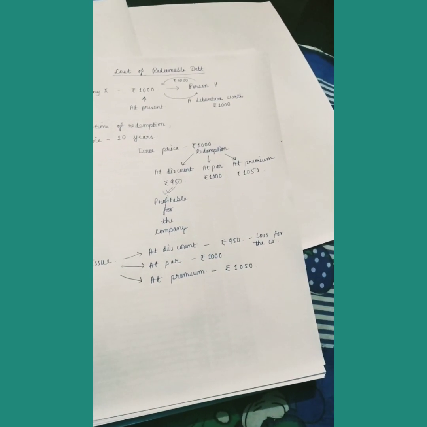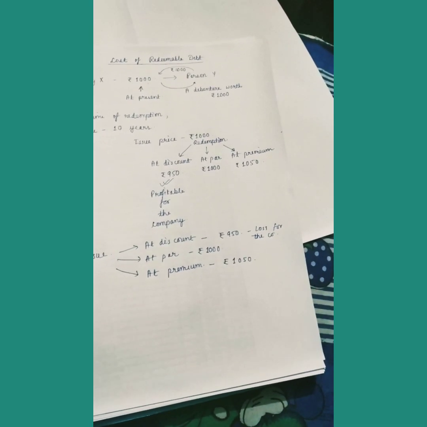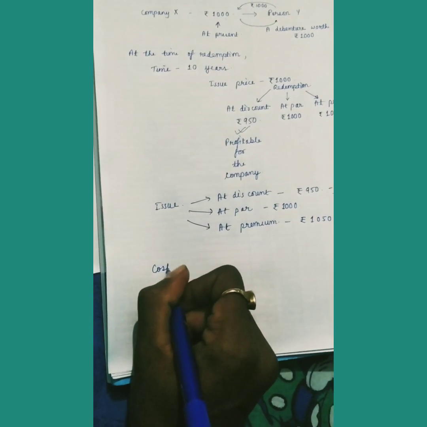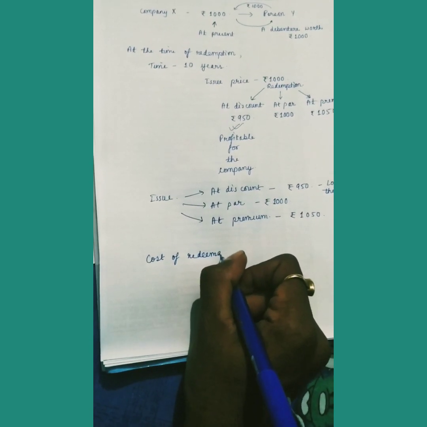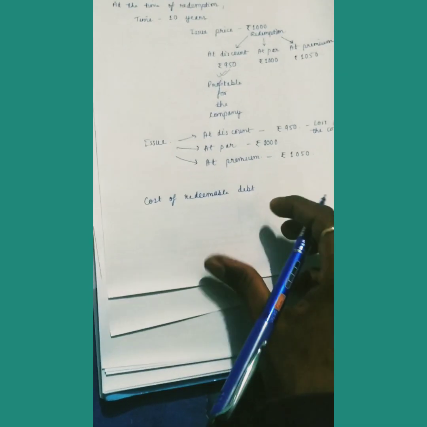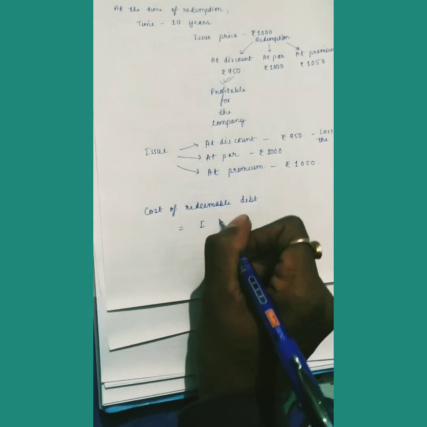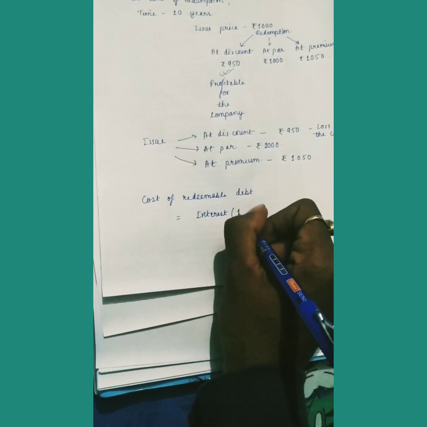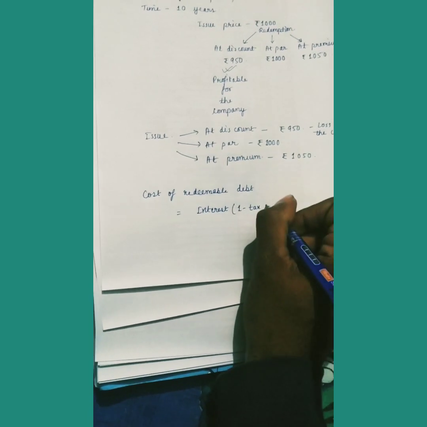So now when we have to find out the cost of redeemable debt, we will check the formula. Cost of redeemable debt will be, first of all, the interest amount that the company has to pay, multiplied by 1 minus tax rate, as I discussed in the previous video.